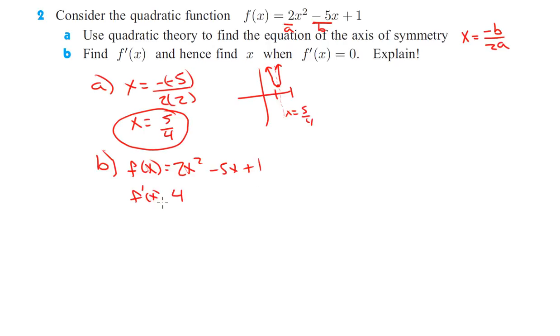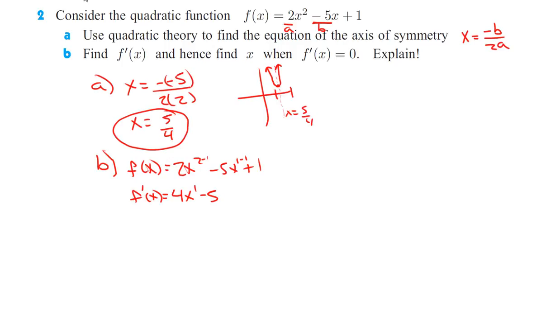F prime of x is 4x. Remember, subtract 1 from the power, so that's x to the first, or just 4x. And then 1 times negative 5 is negative 5. Subtract 1 from that power, and that's x to the 0, so it's really just 4x minus 5.